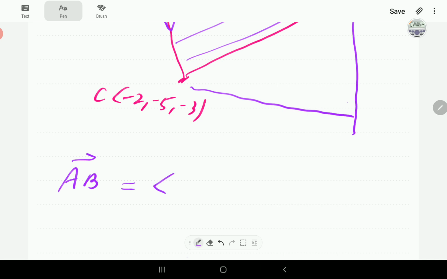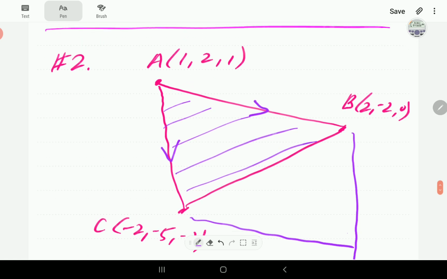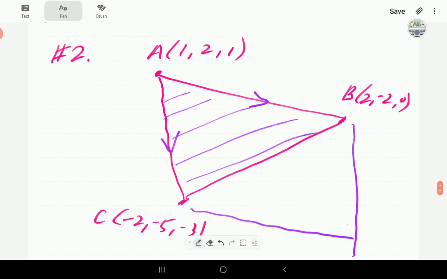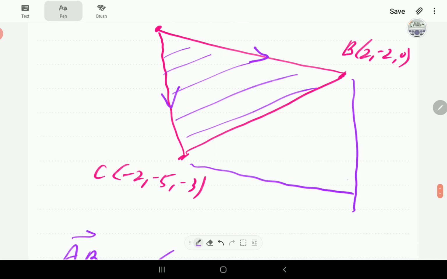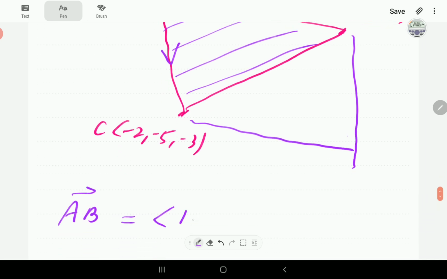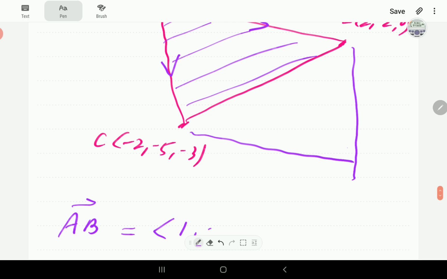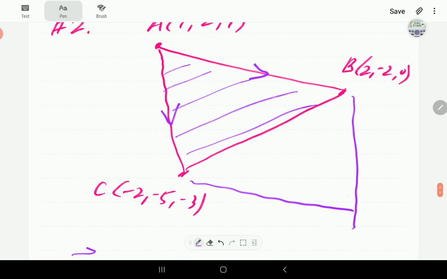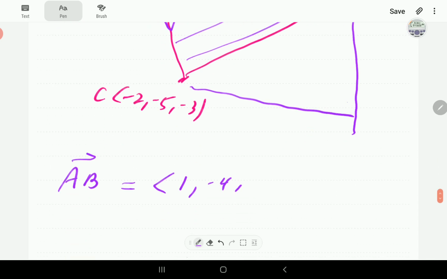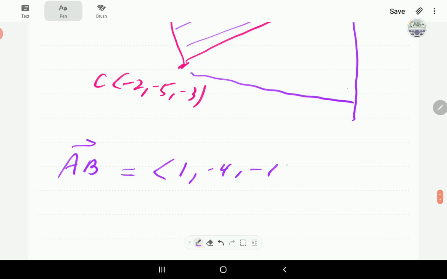Okay, so vector AB, we already talked about this in the first video. We are going to do coordinates of B minus coordinates of A. So for the x component it's going to be 2 minus 1, which is 1. For the y component it's going to be -2 minus 2, which is -4. And the z component is going to be 0 minus 1, which is -1.